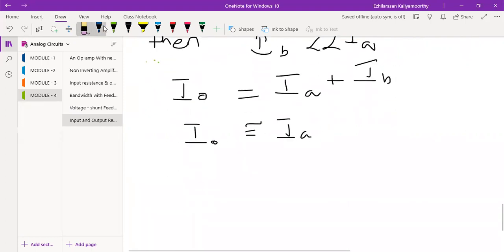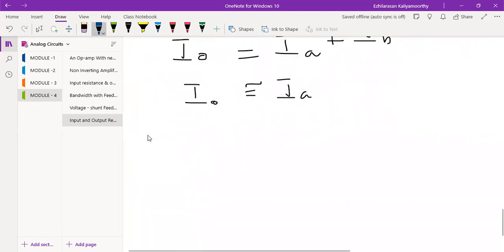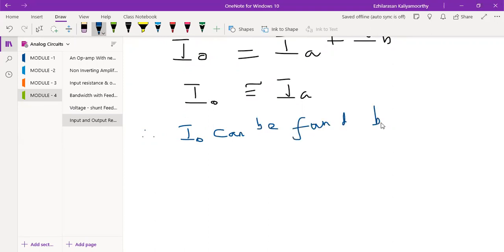Now what we'll do? Let us find that the I0 can be found by applying KVL in the output loop.